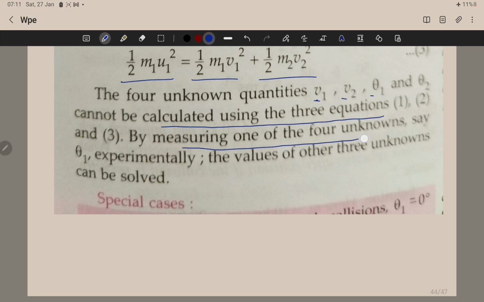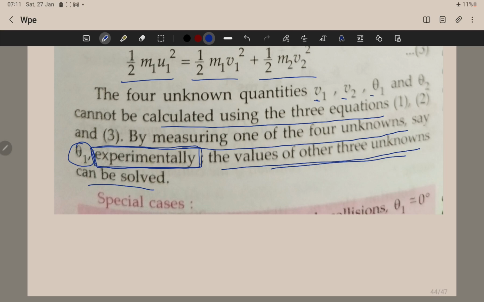So by measuring one of the four unknowns, say theta 1, experimentally, the values of the other three unknowns can be solved. We have to perform a practical experiment to find theta 1, then find the other values using these equations.